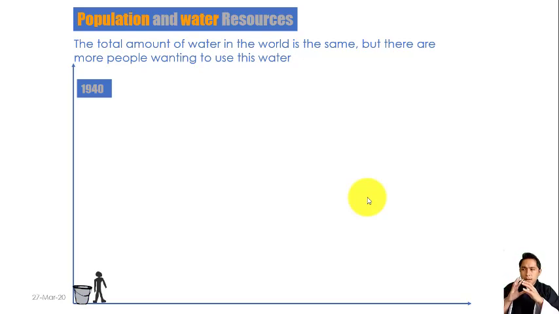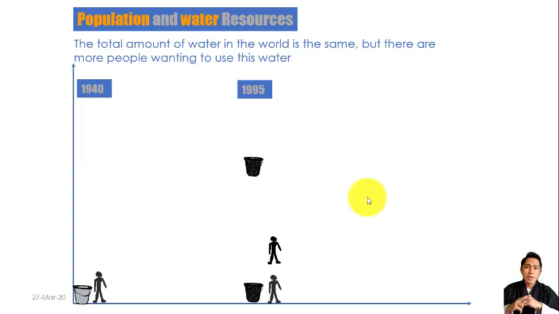So in the 1940s, water scientists, the water experts, found that one bucket of water, or the per capita water, was enough for one person in the 1940s. Meaning the population was not that high and rampant, but around 1945, the population doubled itself.